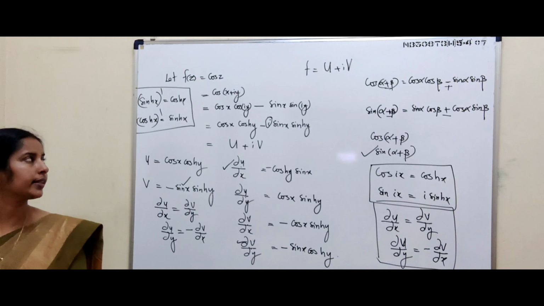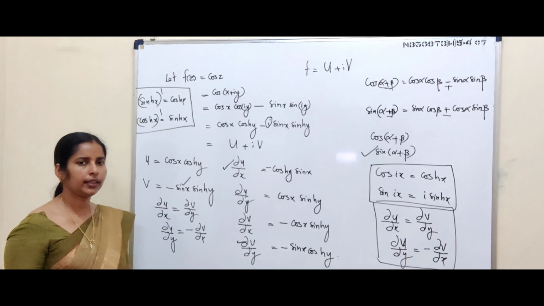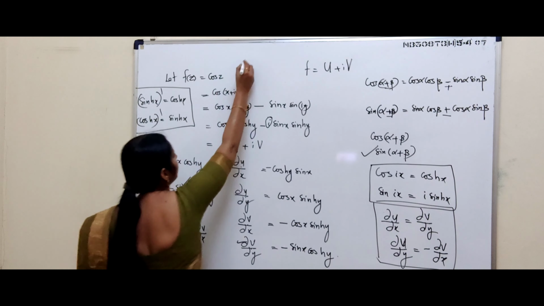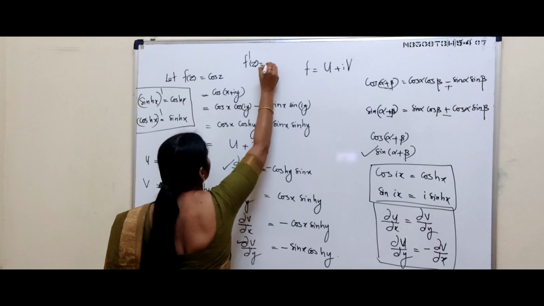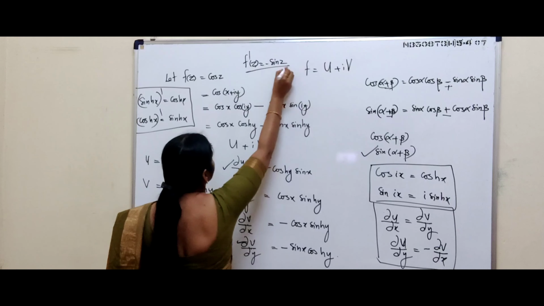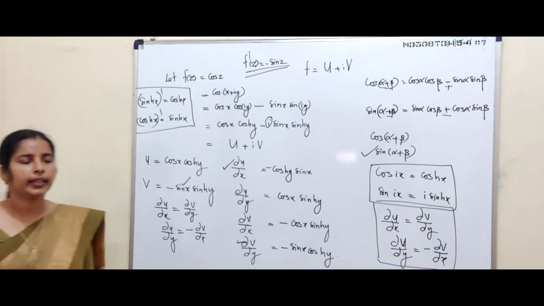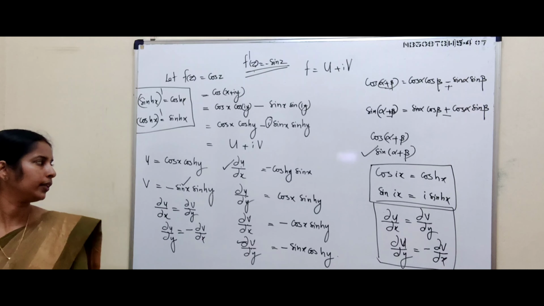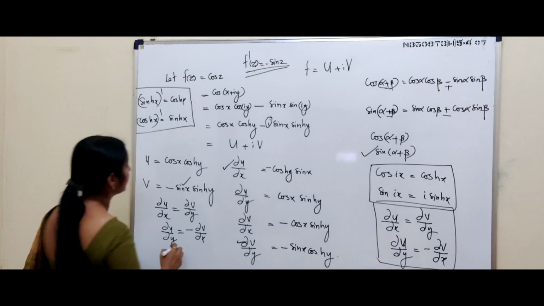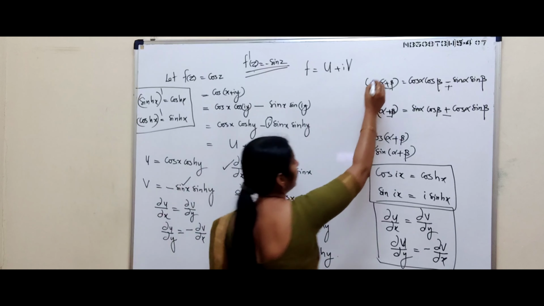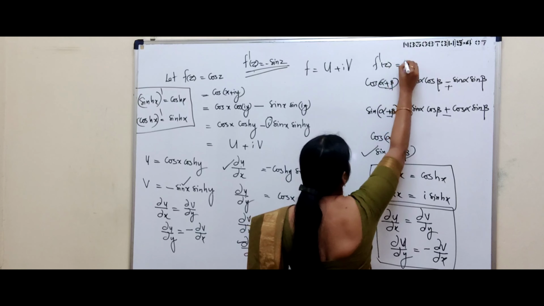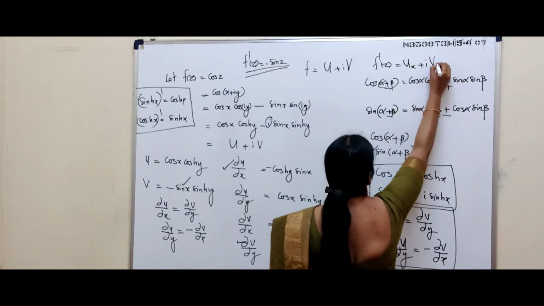Next, how to find its derivative? You write its derivative as f dash is equal to u_x plus i v_x.